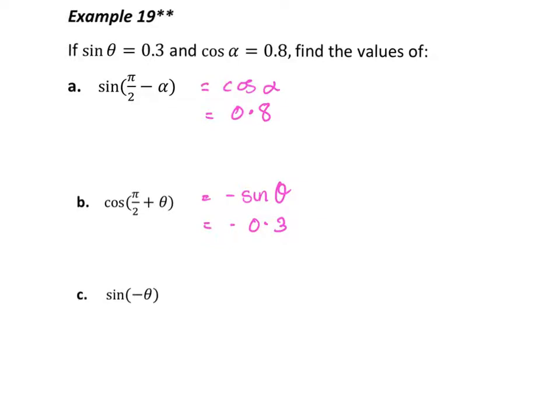And this last one is just a negative angle, sine of negative theta. We know that sine of negative theta is negative sine theta, and therefore it is negative 0.3. So it would be well worth your while committing some of these to memory.